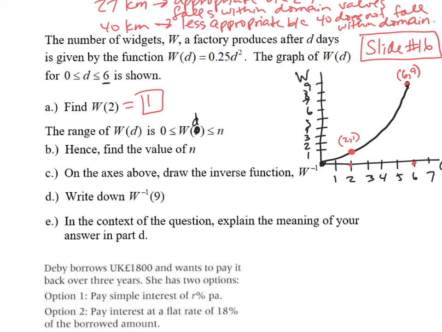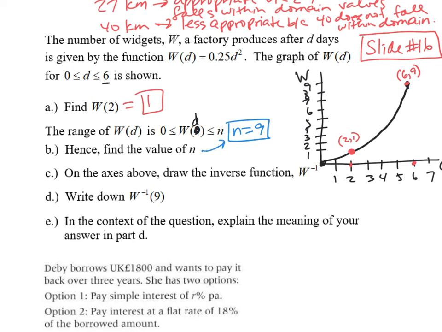So when you put the maximum domain value into the function, the maximum range value that comes out is 9. So that means that n is equal to 9.